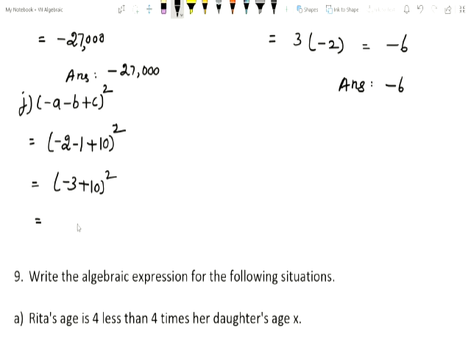So minus 3 plus 10, what will you get? 7 the whole square. Okay, 7 square, what is the answer, children? 7 square means 7 into 7. 7 sevens are 49. So we are getting 49. Okay, children, so what is the answer? The answer is 49. Do you understand, children?